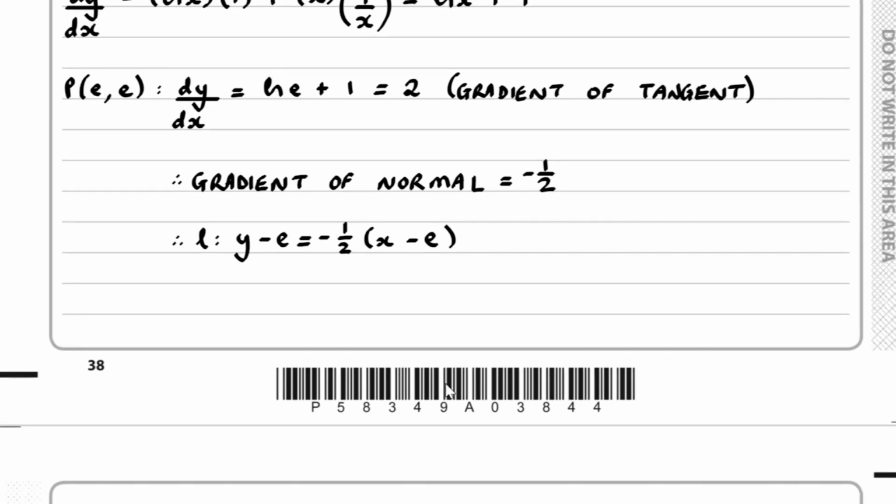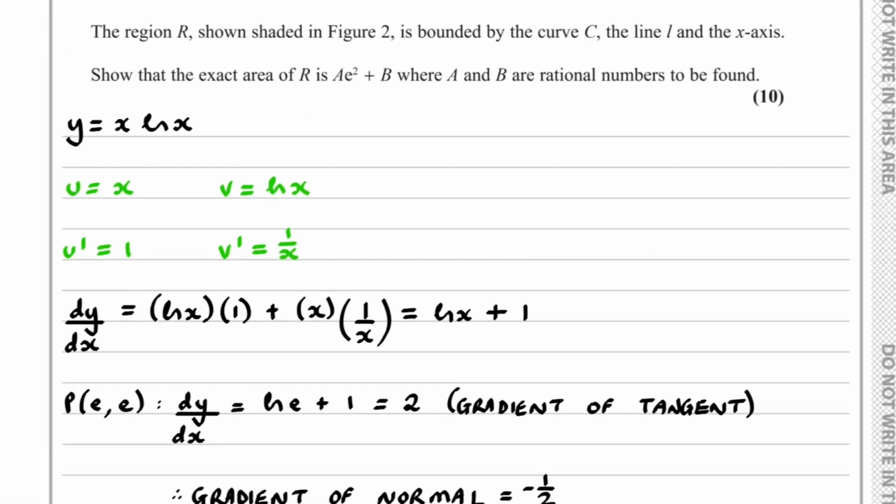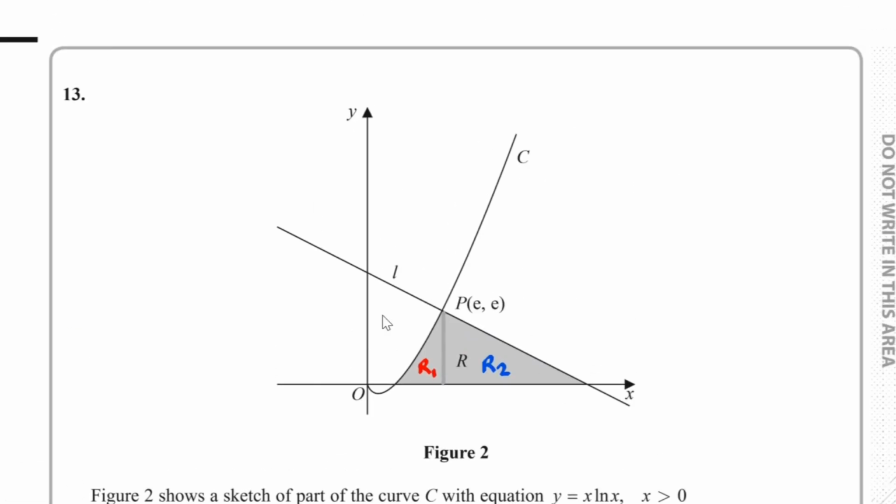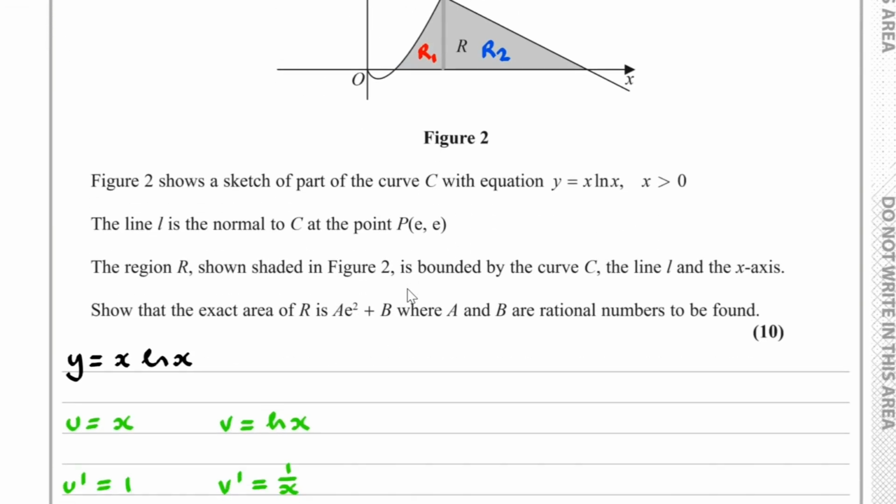So, when y is equal to 0, we can find out where L crosses the x-axis, and when x is equal to 0, we can find out where it crosses the y-axis.